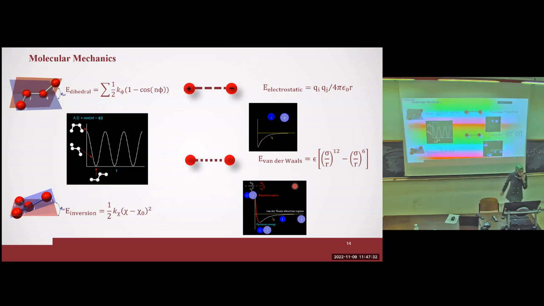This is Lennard-Jones' prediction of van der Waals. It is composed of two terms. The first one, with the power of 12, is the repulsive term, and this one is the attractive term. The combination of these two makes this curve, which has an equilibrium position.